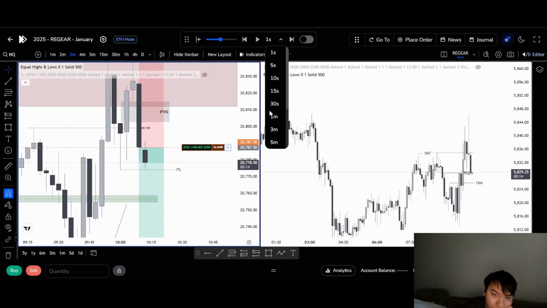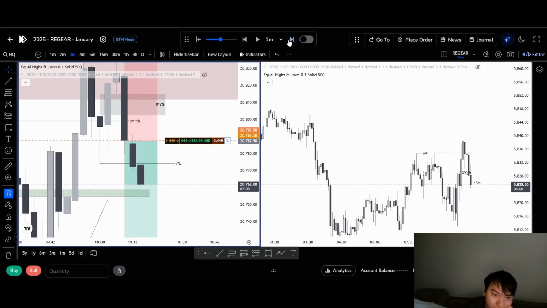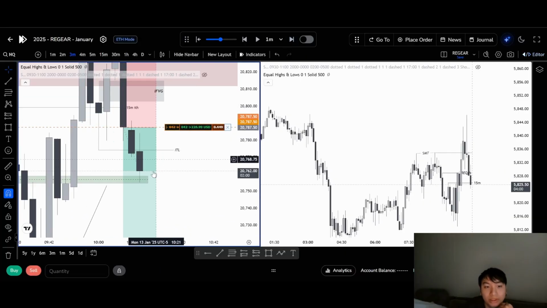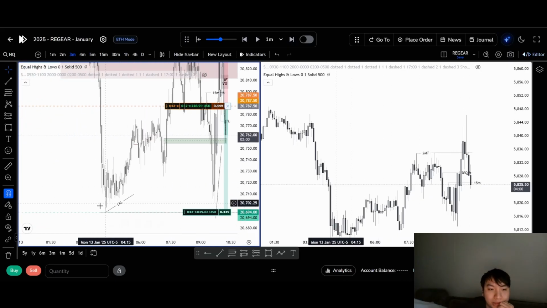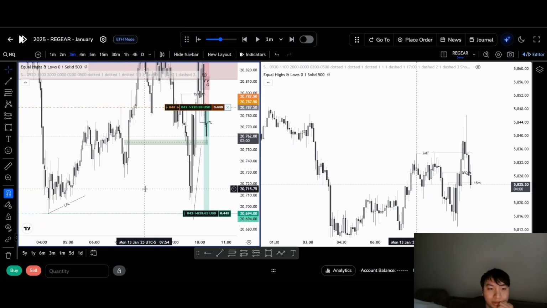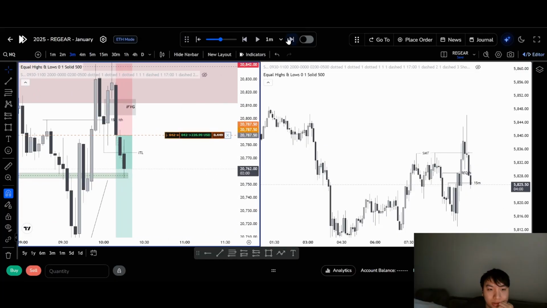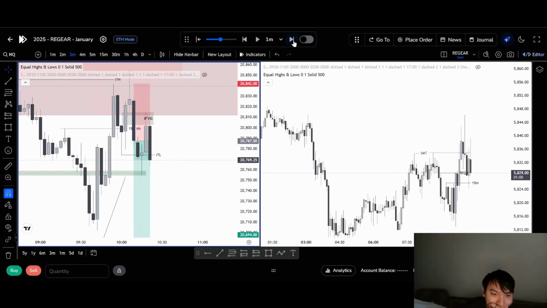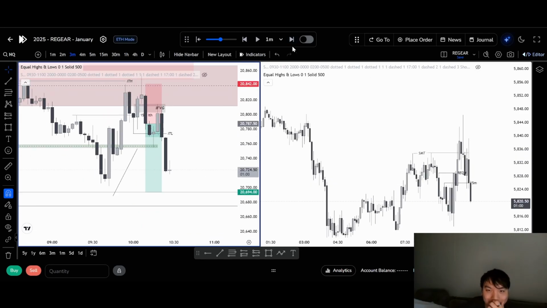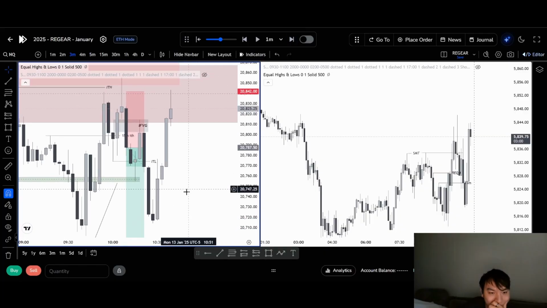Yeah, it's just going too slow. Okay, and now our target is this because of low resistance liquidity and sell side. All right, we got stopped out. Great. Oh, okay.